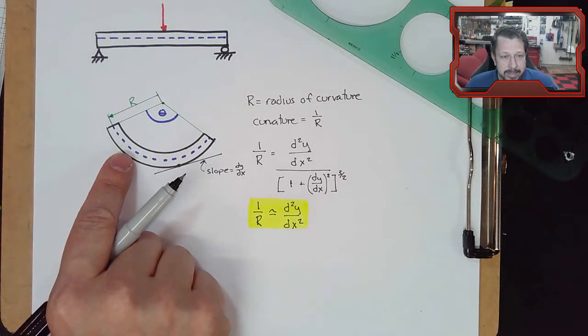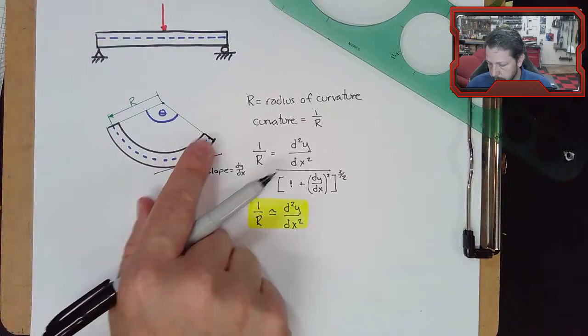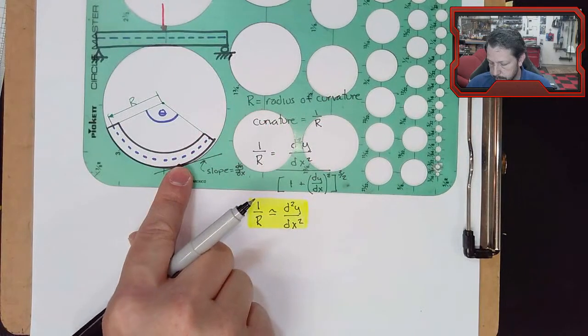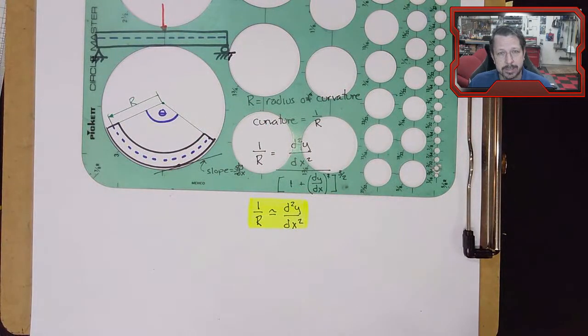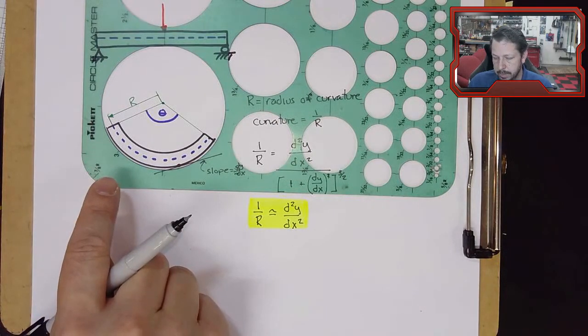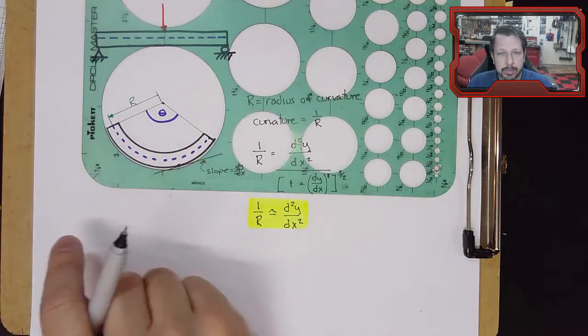This blue line represents the neutral axis, and it has a length, and it's an arc. These were made by circles. Any beam you could describe, no matter how it's bent, you could describe each little piece of the beam as some type of circle.